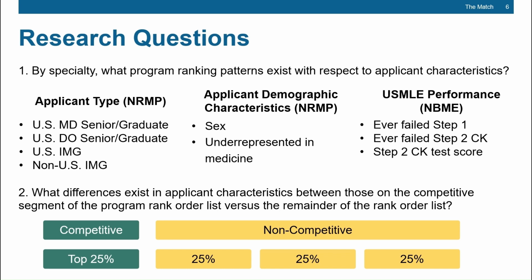This is subjective, but a common categorization, as anecdotal evidence suggests programs focus more on applicants ranked near the top of their list. So in the end, we're comparing the characteristics of applicants in the top 25% to the characteristics of the remaining 75% of applicants.